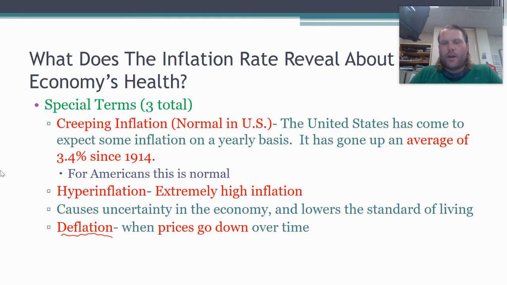And if it was happening with every product, then again, people are racing to spend money as quickly as they can, and it creates some big problems. It happened in Germany back in the 1920s and 30s, and obviously led to some bad things in their leadership into World War II. The term for when prices go down is deflation. So those are the things that you need to know.